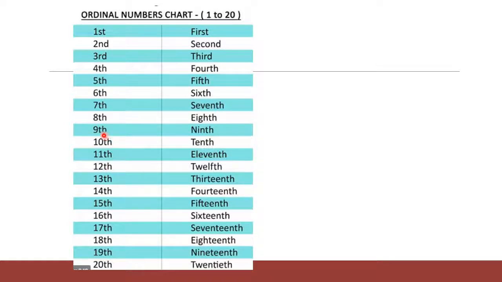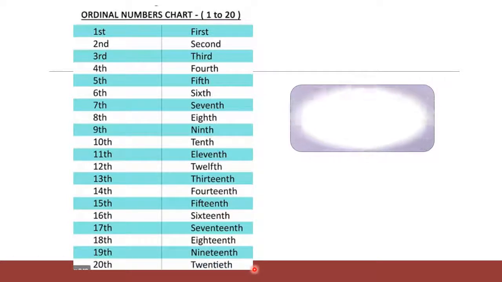Another number that changes is number 9. Okay, the E that goes at the end in the cardinal numbers disappears, and we have just 9th. And with number 20, the Y of 20 changes by IE, and then we add TH.